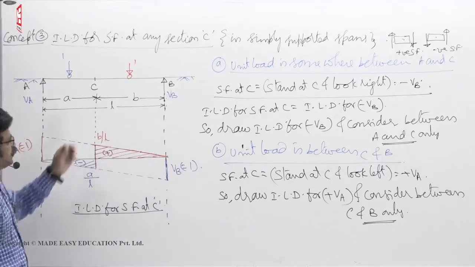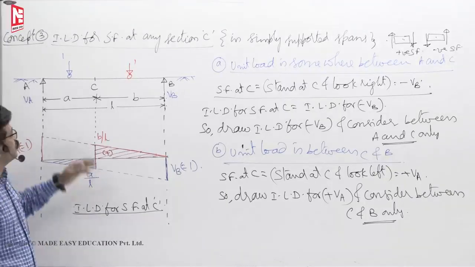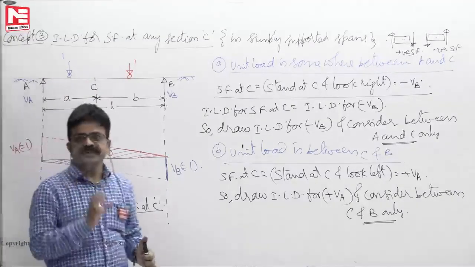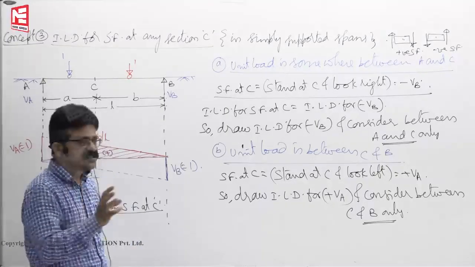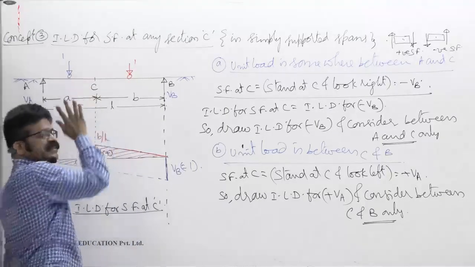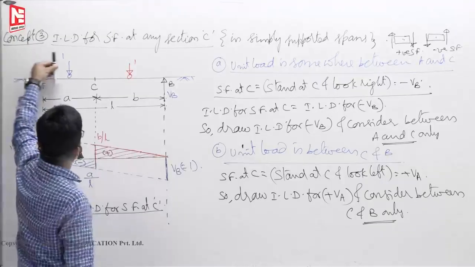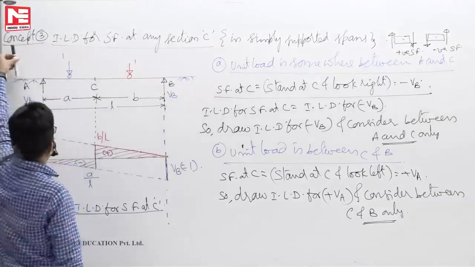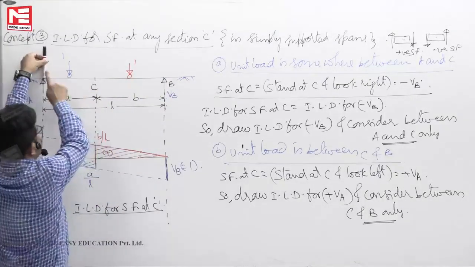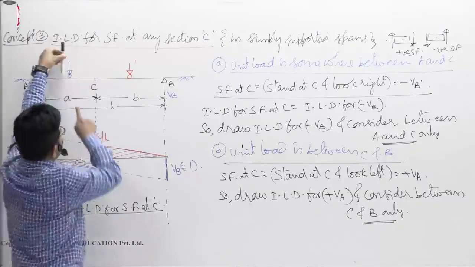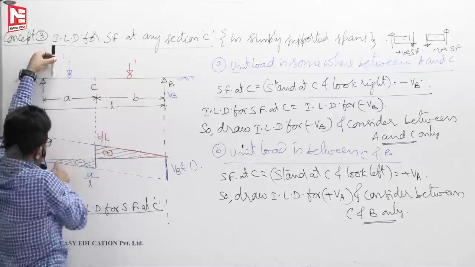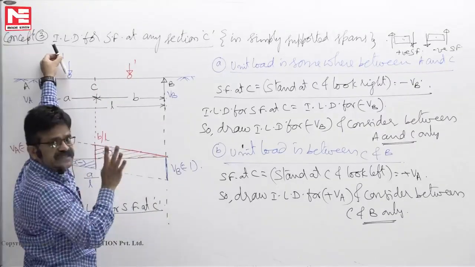Now you see, this diagram tells you like this. You want to draw ILD for shear force at C, say. Assume that you have a shear force measuring gauge, you stick it, you stand there. Ask the driver to move from one end to the other end. When he enters the bridge, shear force at C influence is 0. As he is moving towards C, his influence on shear force is negative and its value is increasing.